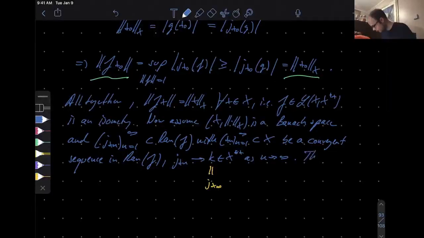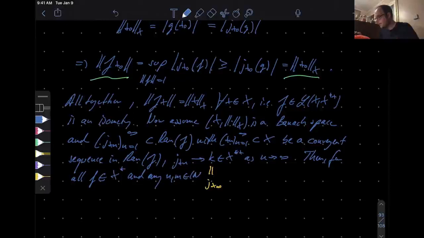So then, for all linear functionals f and any natural numbers n and m, what I'm going to estimate here is f(x_n minus x_m).